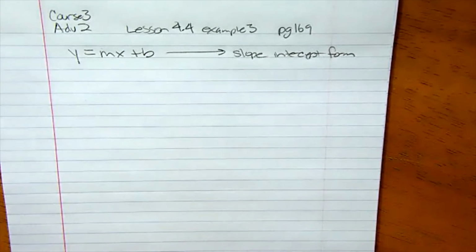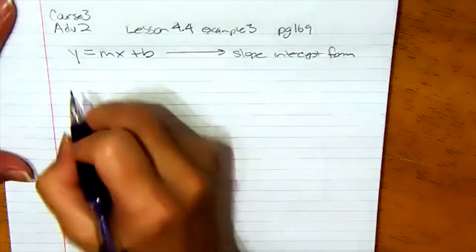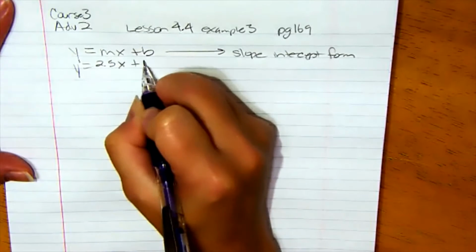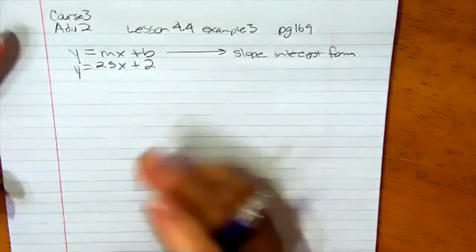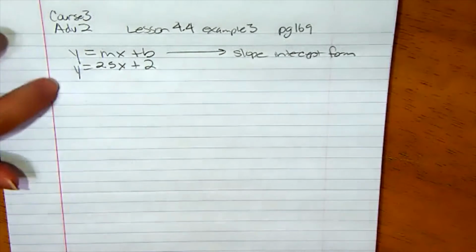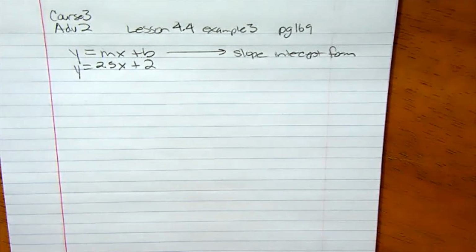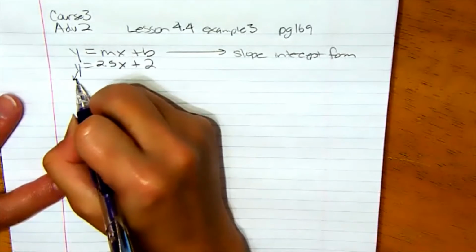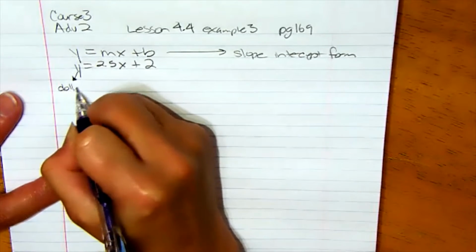So the equation that they've given us is y equals 2.5x plus 2. Thankfully, this is in slope-intercept form. It lines up. Perfect. The problem also tells us that y is dollars.